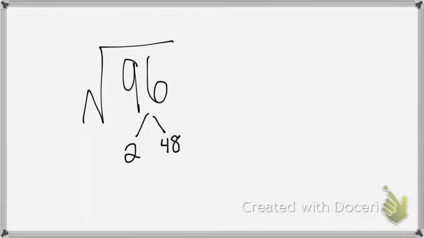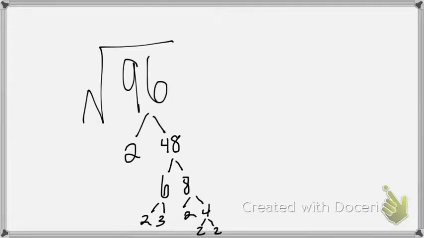So at this point, 48 is a more manageable number. I kind of know what I'm doing with 48. So I'm going to use the numbers 6 times 8. 6 can be simplified down to 2 times 3, and then 8 can be simplified to 2 times 4. Now, I apologize since I'm running out of room, but 4 can be simplified down to 2 times 2.